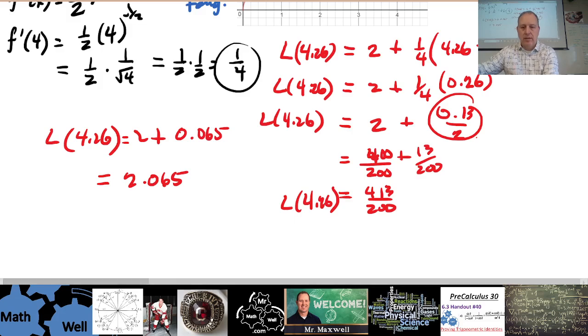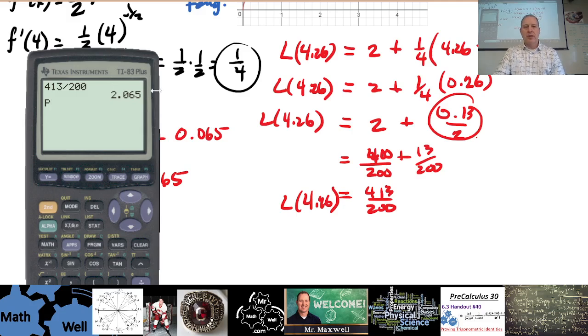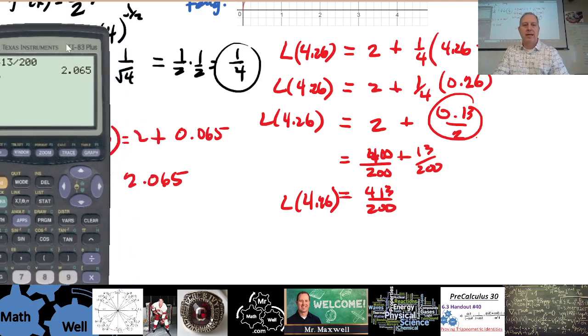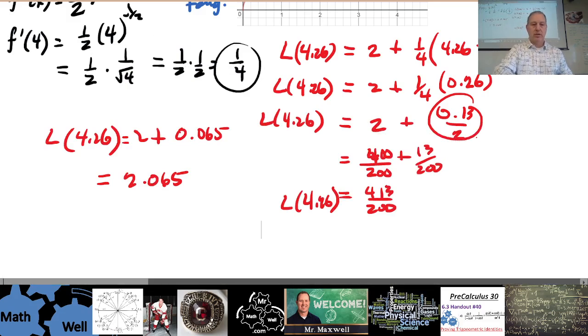Where's my calculator? Okay, so double check with the calculator there. Yes, we have our decimal is 2.065, and this 413 over 200 is the same. So either of those would work. You started with a decimal, so it would be totally fine to have a decimal in your answer. Generally, that's the rule, I guess.